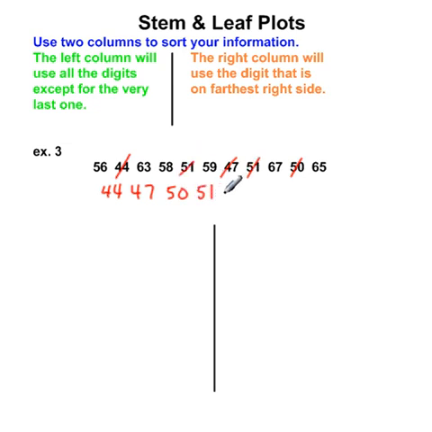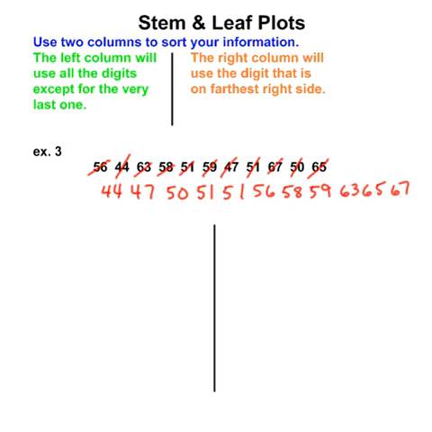And another 51. And then 56. 58 is next. 59. 63. And 65. The last number will be 67. So now we have all of our numbers in order from least to greatest.